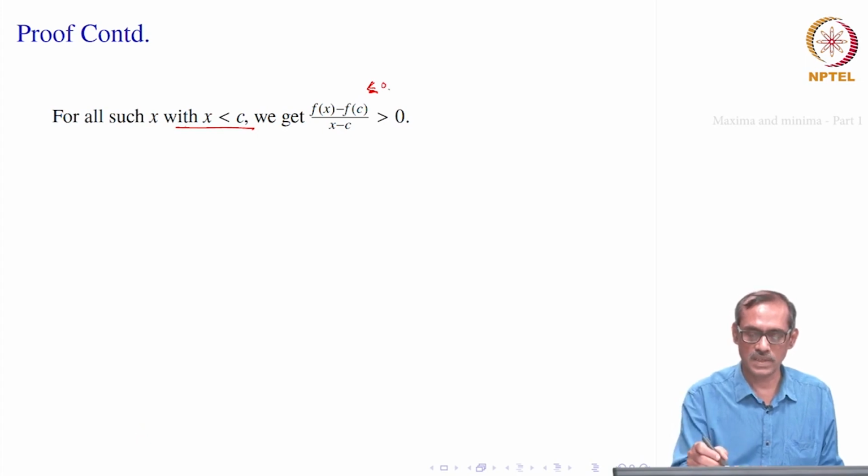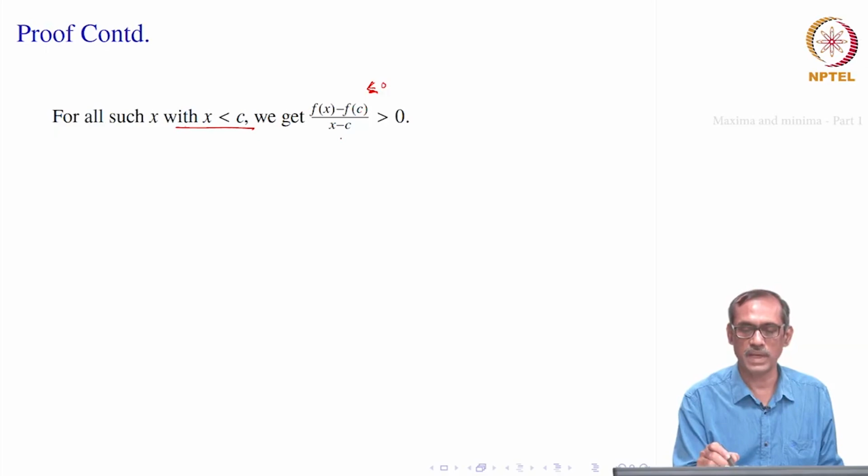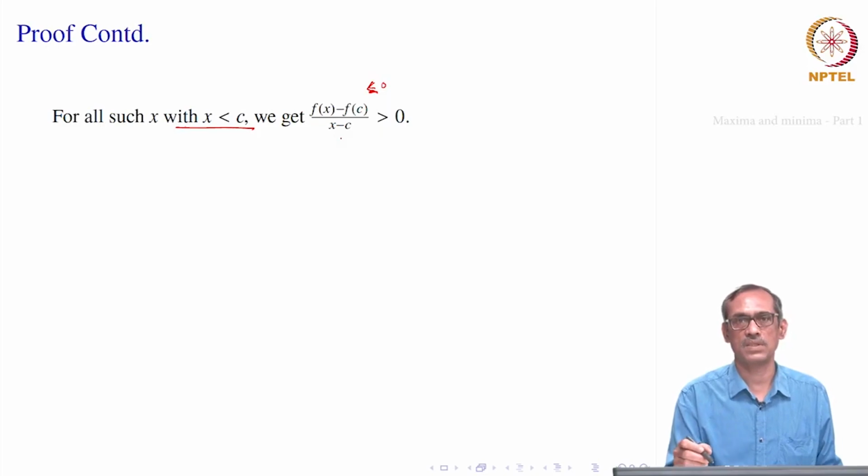Of course, if it is equal, then we have no problem, the same argument goes through. So, for all x with x less than C, we have f of x minus f of C by x minus C greater than 0. It can be equal also. If f of x is a constant function, then it can be equal also. But for the constant function, it is easy to see that f prime of C equal to 0.